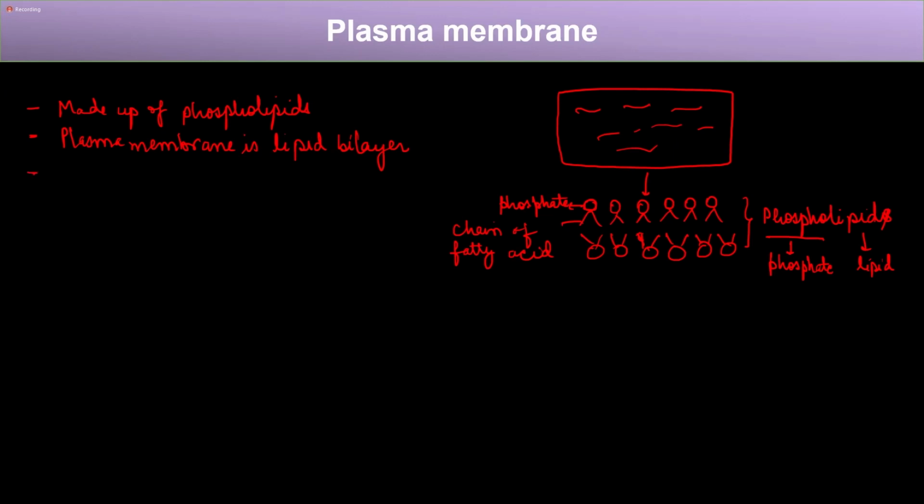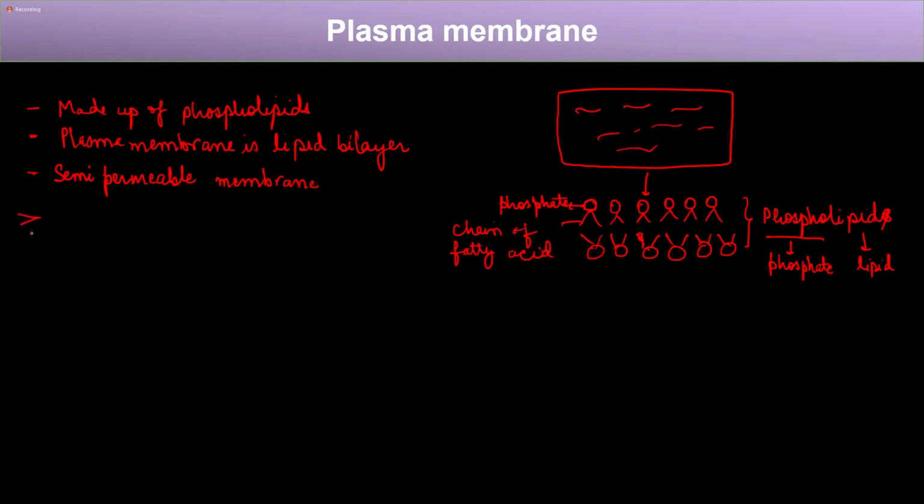But this barrier also allows passage of certain molecules or essential chemicals that are required to go inside or outside of the cell. Hence it acts as a semi-permeable membrane. Why is it called semi-permeable? Because it selectively allows certain chemicals or molecules to move either inside or outside of the cell.